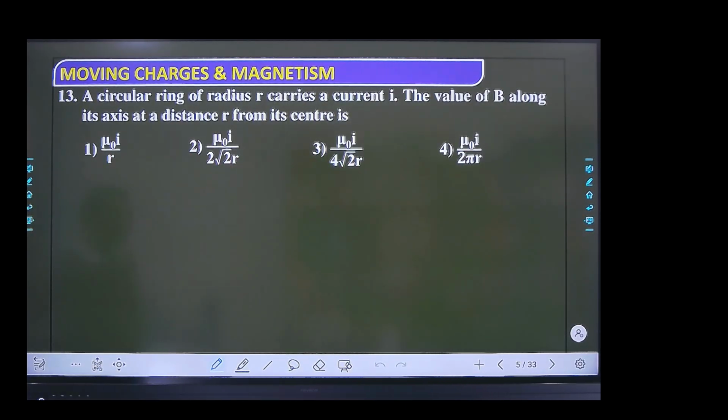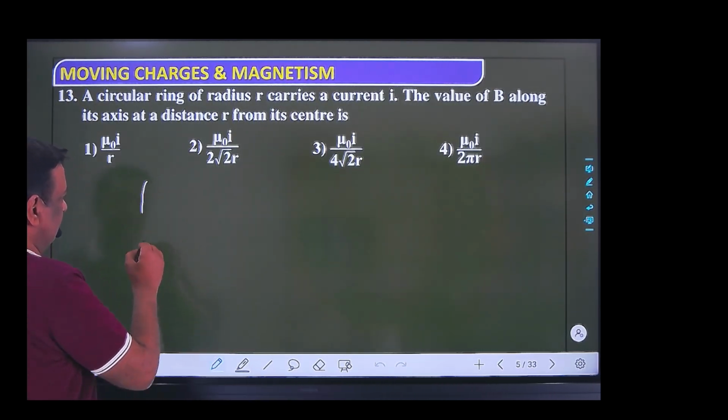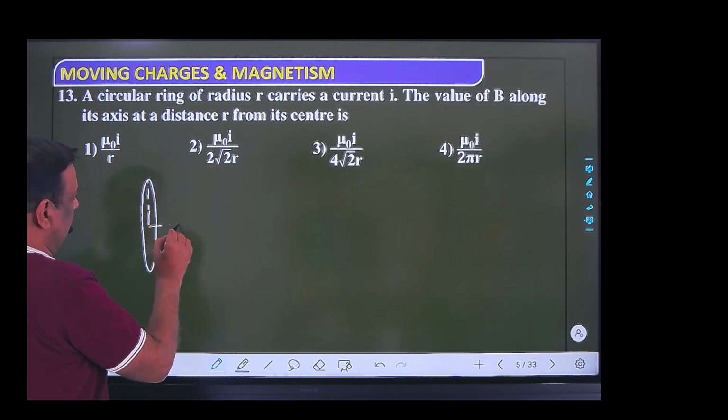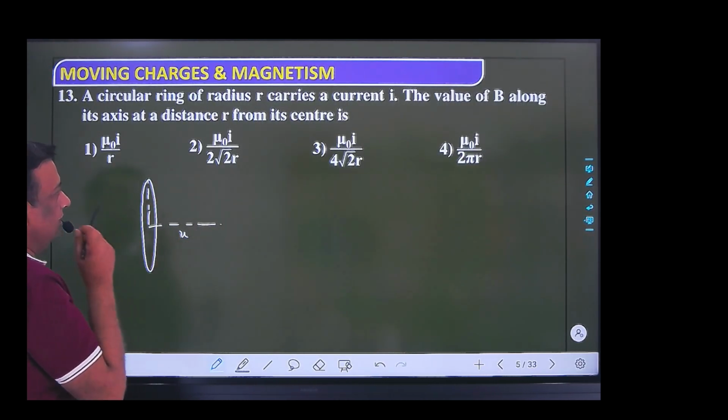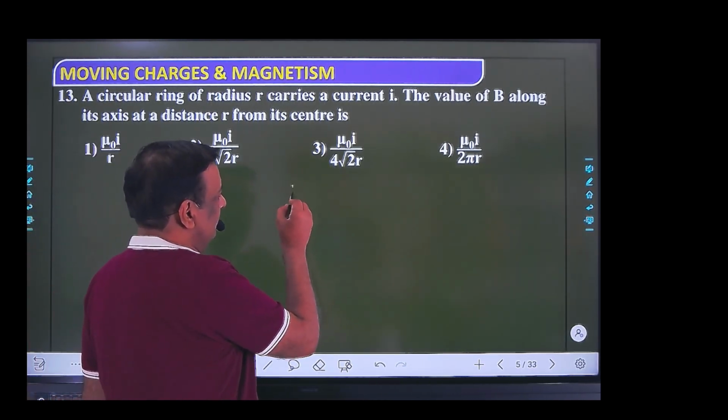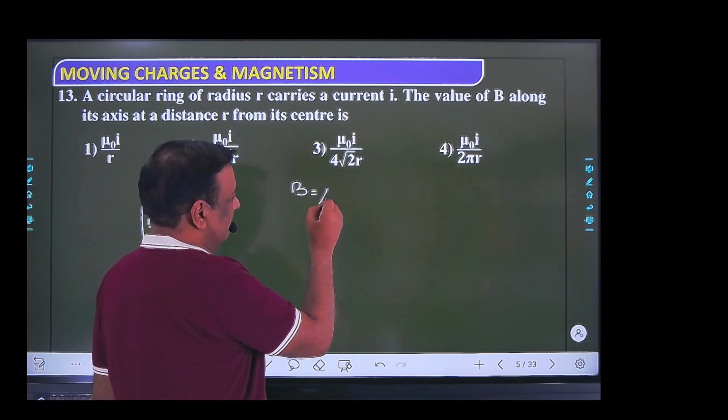Next, a circular ring of radius r carries a current I. Find the value of B along its axis at a distance r from the center. We have a circular ring. We drew the formula at a distance x: the magnetic field on the axis of the ring.